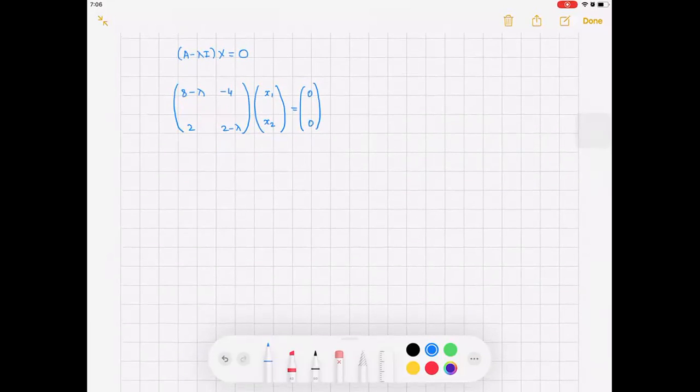We got two values of lambda, 4 and 6. So for lambda equal to 4, we get 8 minus 4, minus 4, 2, 2 minus 4.